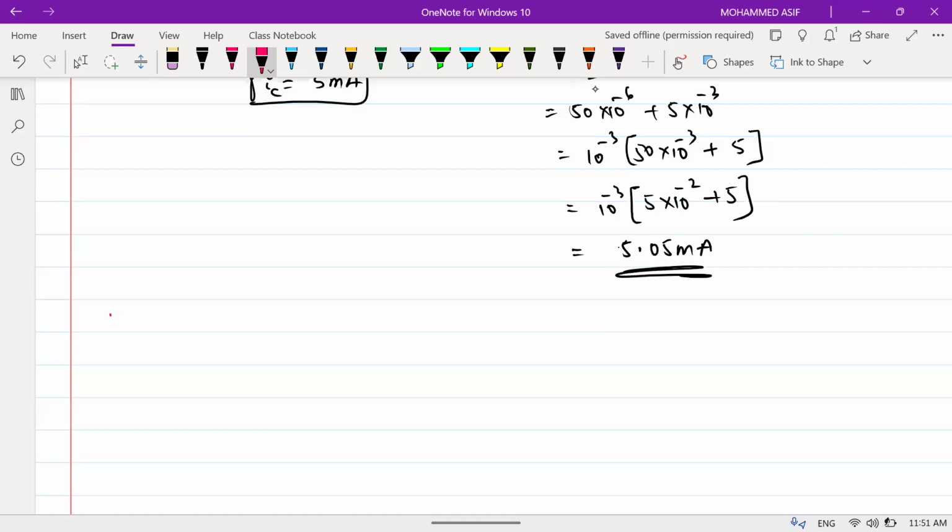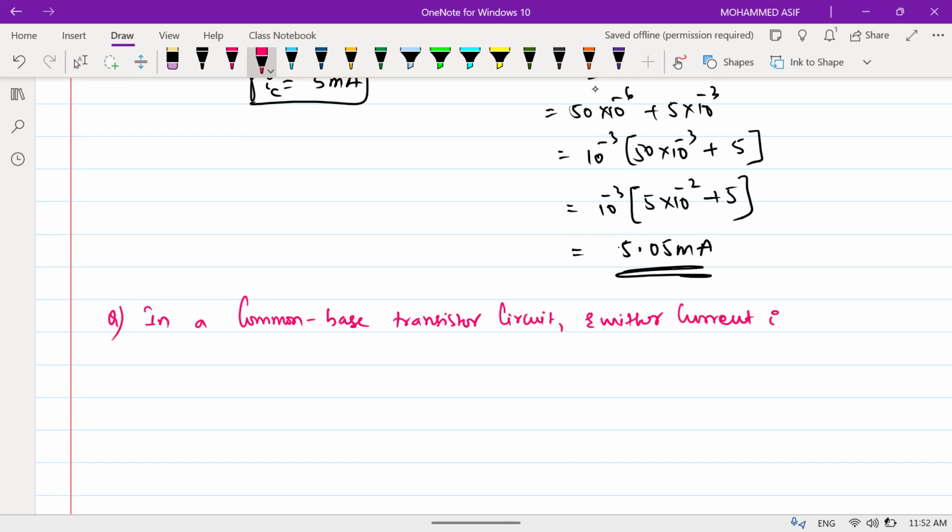In a common base transistor circuit, emitter current is 1 milliampere and base current is 40 microamperes.